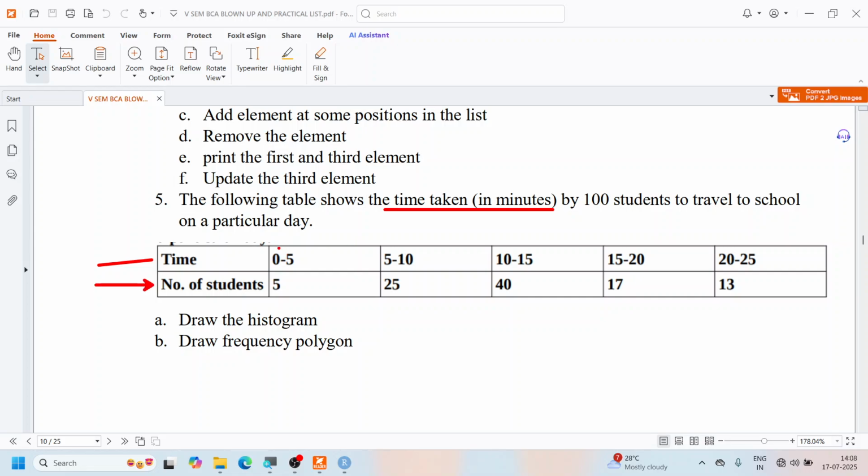The time is 0 to 5 minutes, 5 students are traveling; then 5 to 10 minutes, 25 students take 5 to 10 minutes to travel to school, and 40 students take 10 to 15 minutes to go to school, and so on. We are supposed to use this and draw a histogram as well as a frequency polygon.